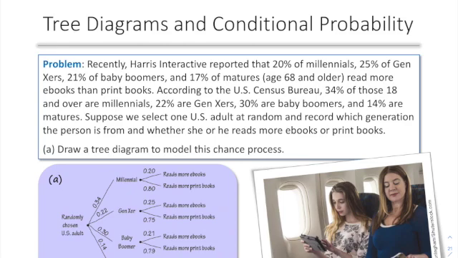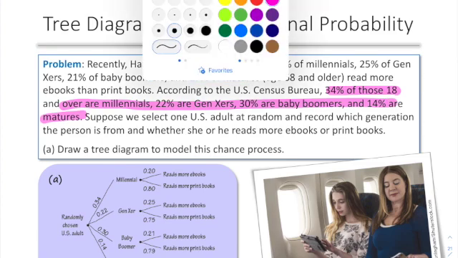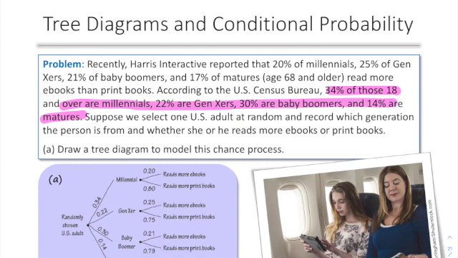So randomly choosing a person. Millennials were 34%, Gen Xers 22%, baby boomers were 30%, and matures were 14%. This is the breakdown of the population. Then your next branch will be the probability of them reading ebooks or print books.